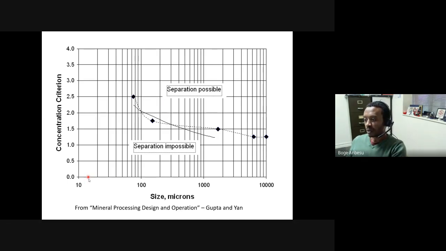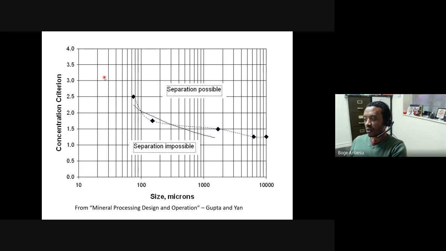So if, for example, I was dealing with particles that are around 20 micron or 30 micron, somewhere here, even though I have very high concentration criteria, it tells me that because particles are very fine, this is probably not applicable for gravity separation.